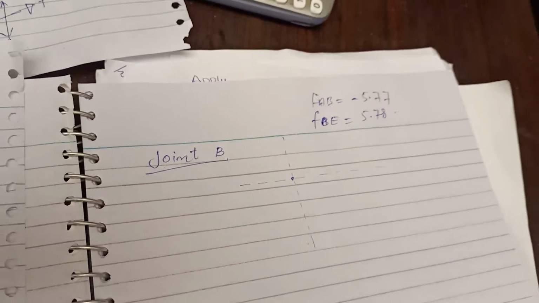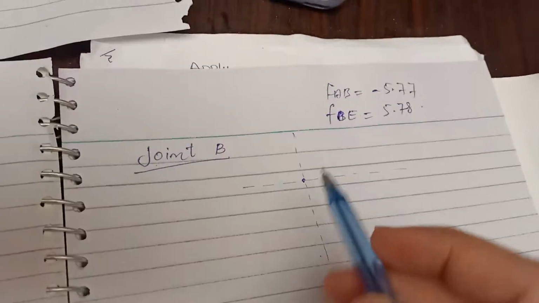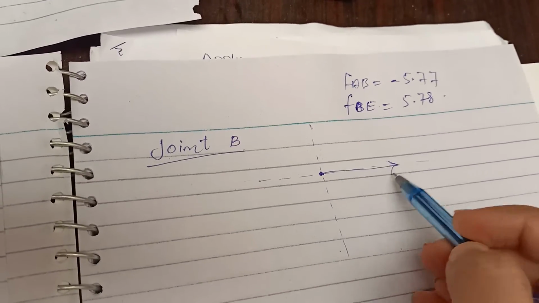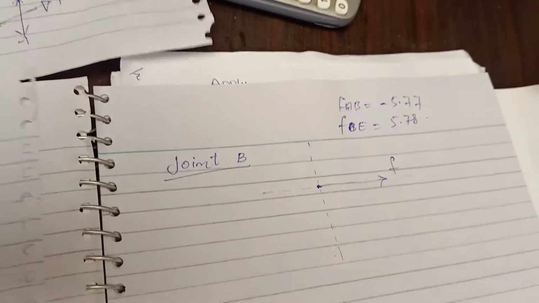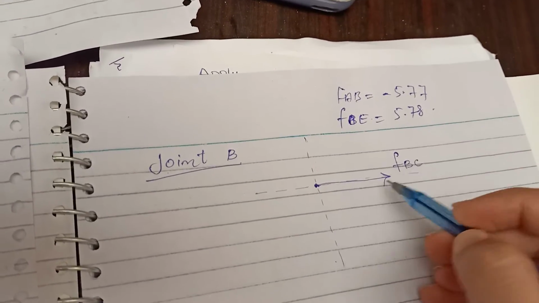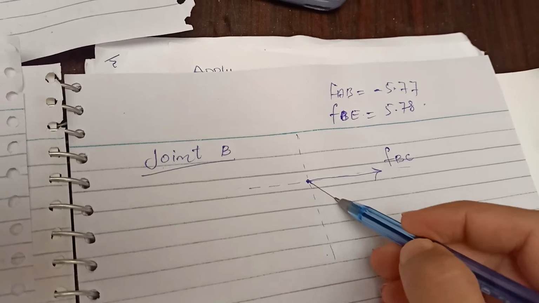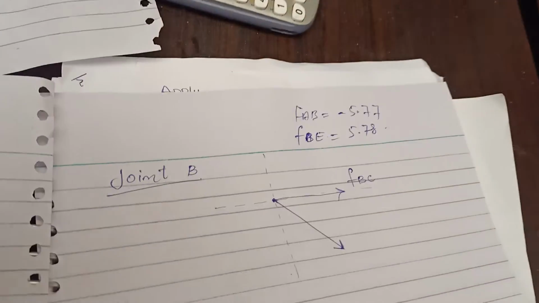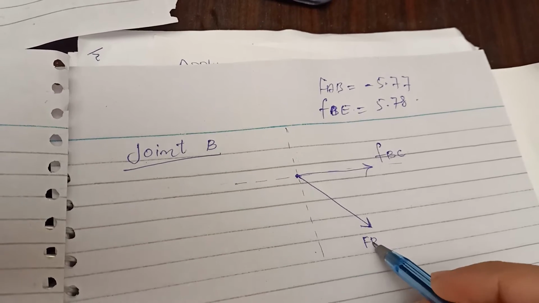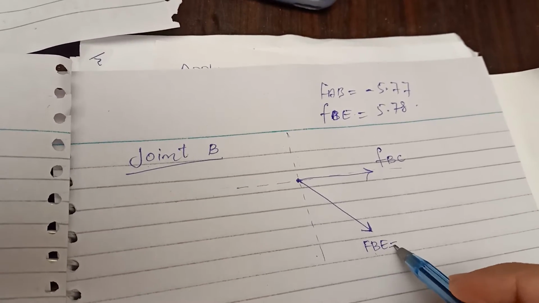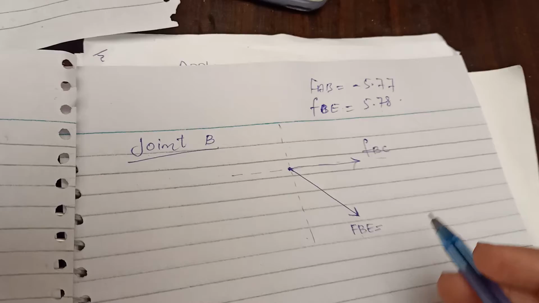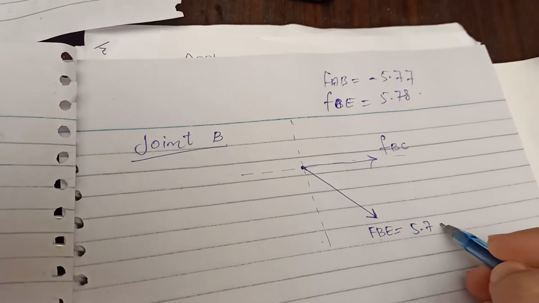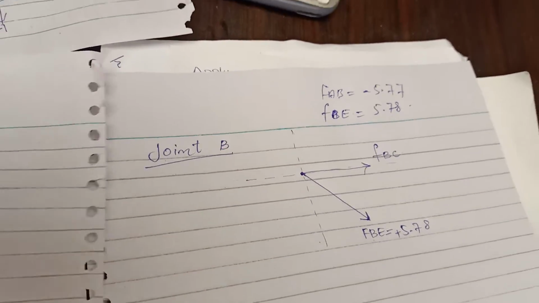Now this is away from the joint, our initial assumption, FBC. We have to calculate it, and this value FBE, or EB, is 5.78, which we have calculated as positive.